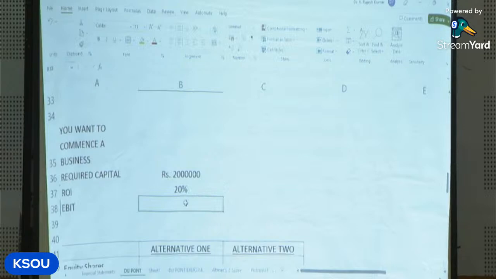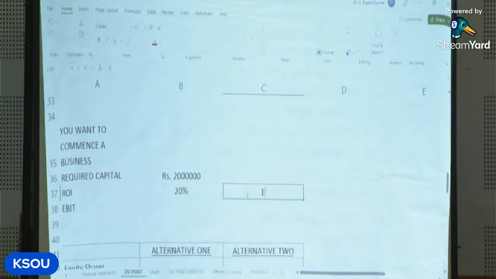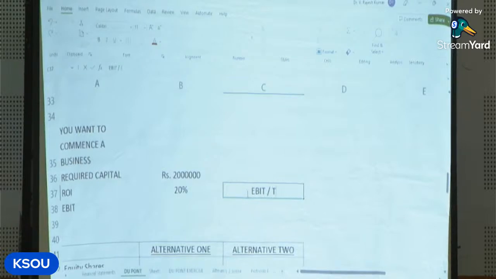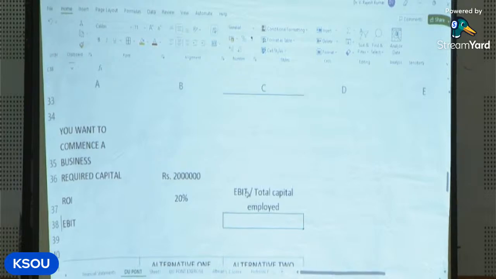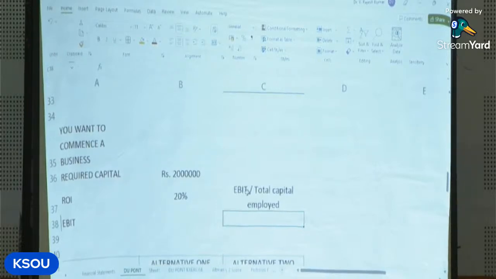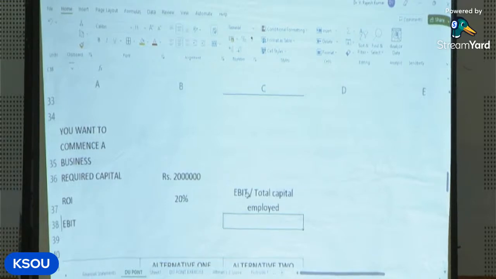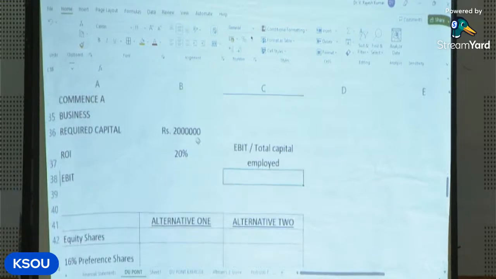ROI. What we are discussing is ROE. This is ROI. What is the difference, sir? So ROI is nothing but EBIT on total capital employed. Correct? ROE is on shareholders' funds was the return. This is on total funds was the return. So EBIT by total capital employed. Now, what's the total capital we need?